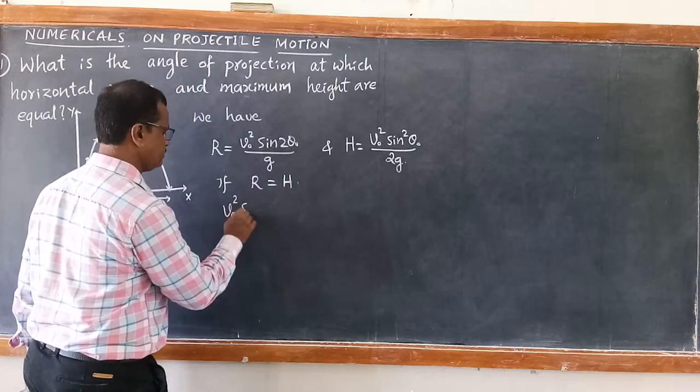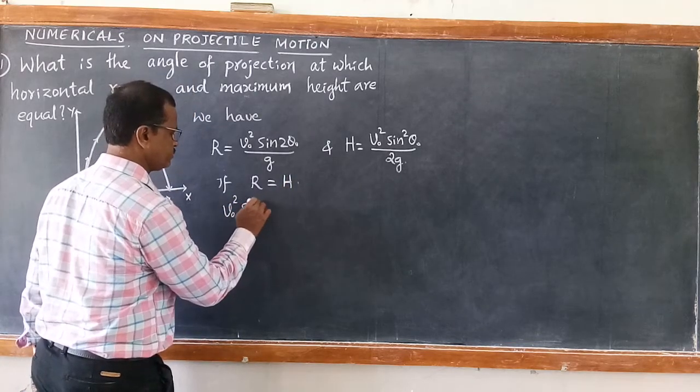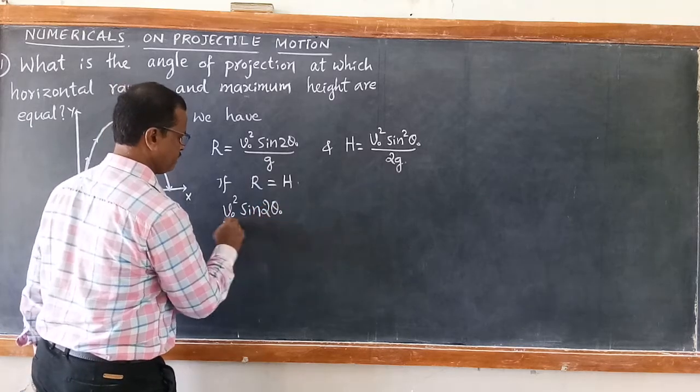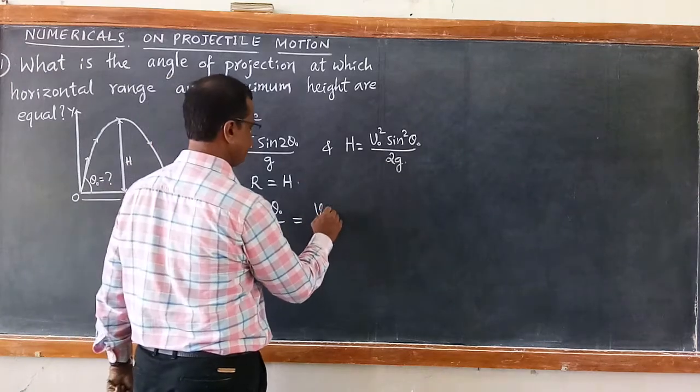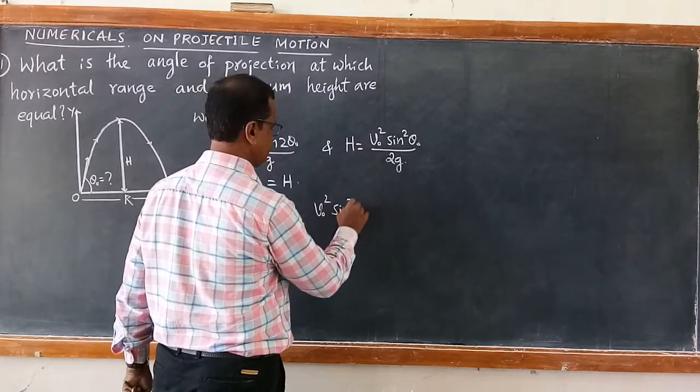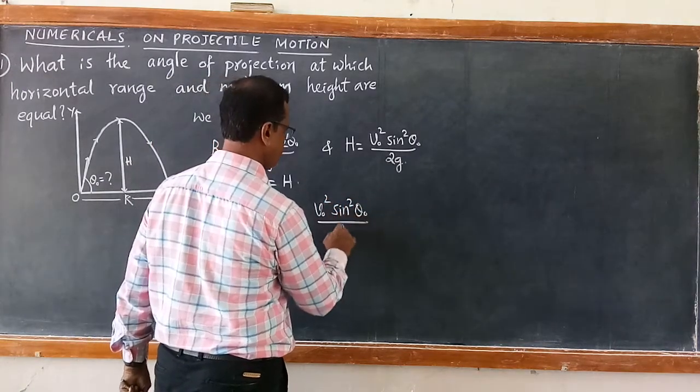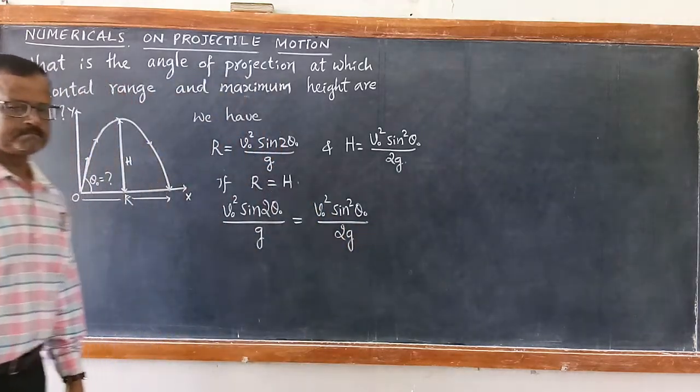v naught square sin 2 theta naught by g is equal to v naught square sin square theta naught by 2g.